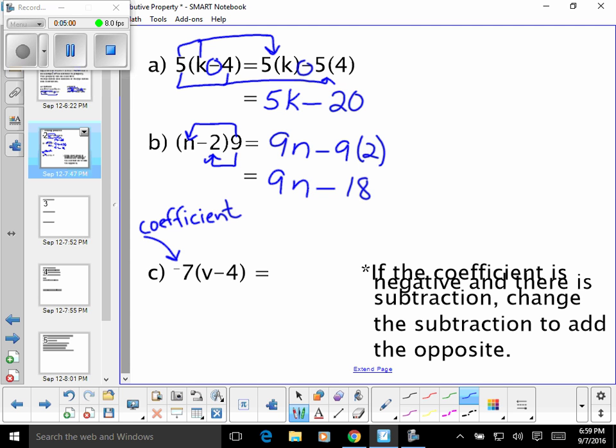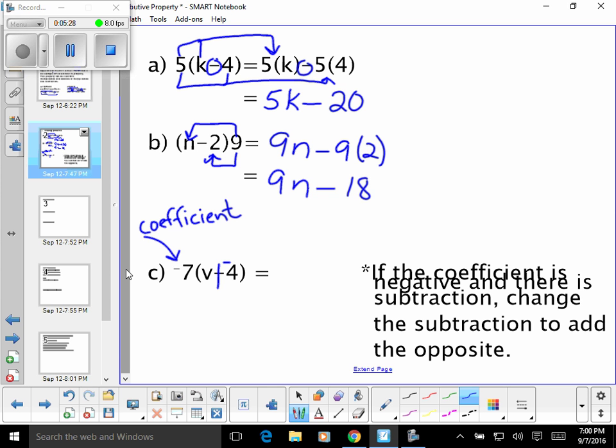In C, the coefficient is -7. Notice, if the coefficient is negative and you have subtraction in the quantity, then you should probably change that subtraction to add the opposite before you try to do any multiplication. Otherwise, it's just going to make the problem a whole lot more difficult to do.